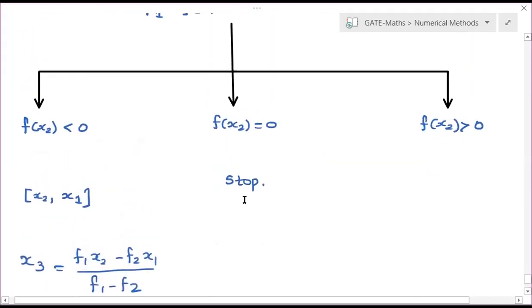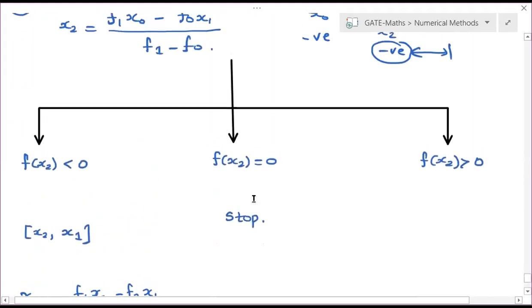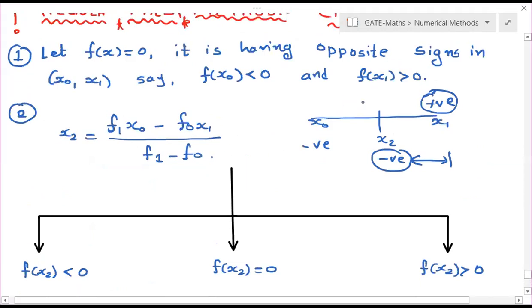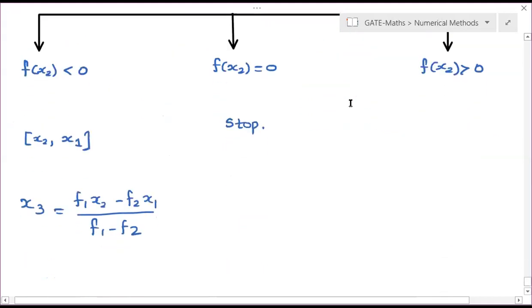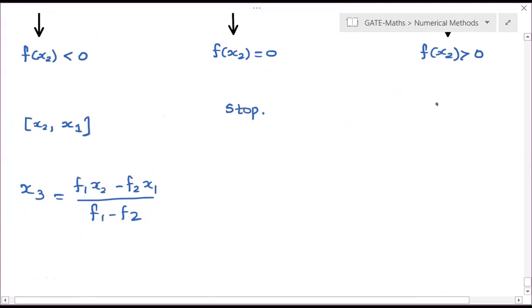But first see over here. Now suppose f of x2 is positive, and f of x0 is negative. So we go to this interval, from negative to positive. Our root will lie between x0 and x2, the same condition we saw for the bisection method.